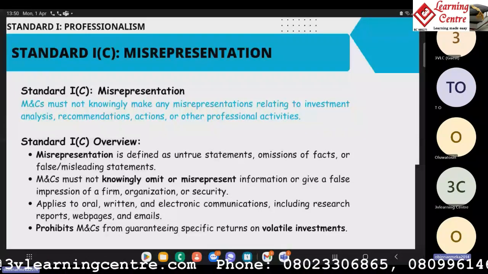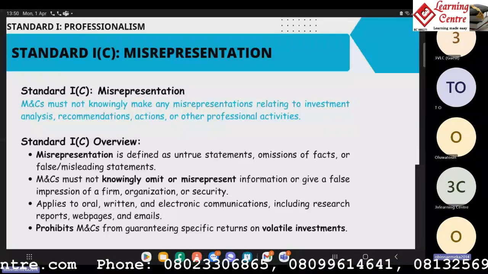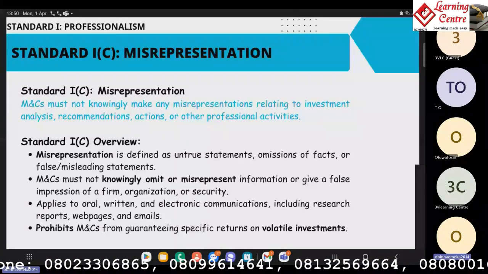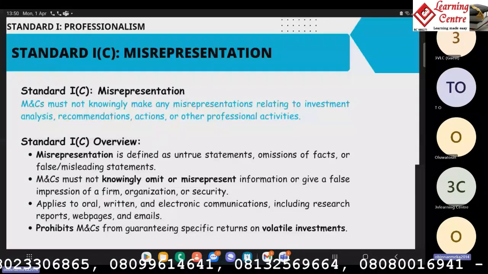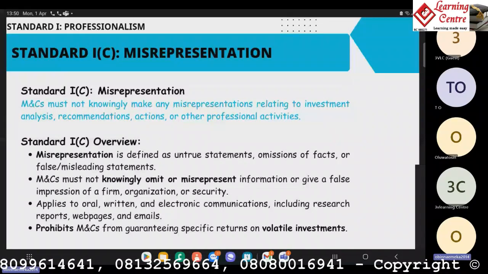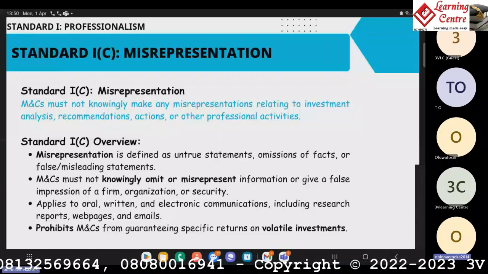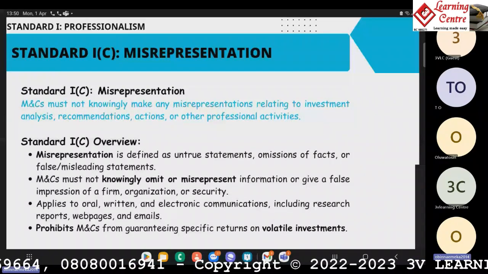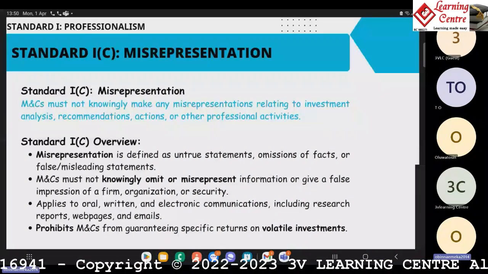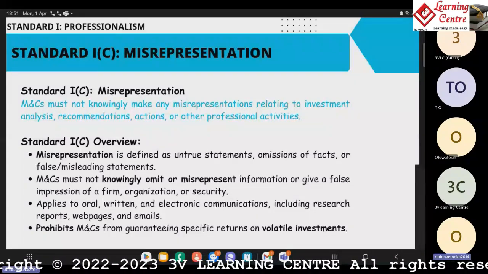Okay. All right. So misrepresentation. This one is also another powerful one. So let's see what misrepresentation says. Misrepresentation says that members and candidates must not knowingly make any misrepresentation relating to investment analysis, recommendations, actions, or other professional activities. So let's see what they define misrepresentation as.